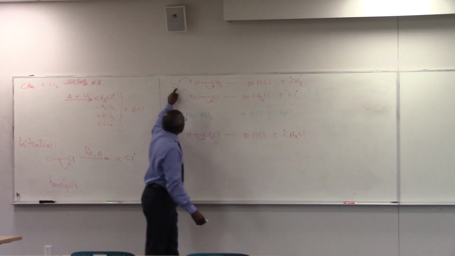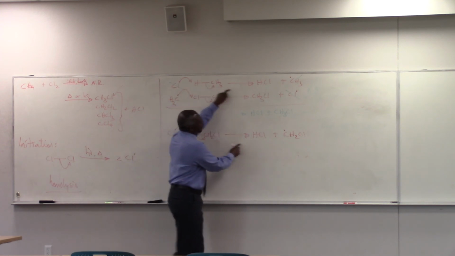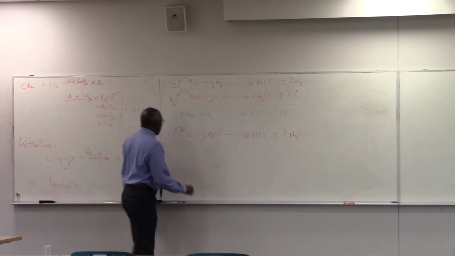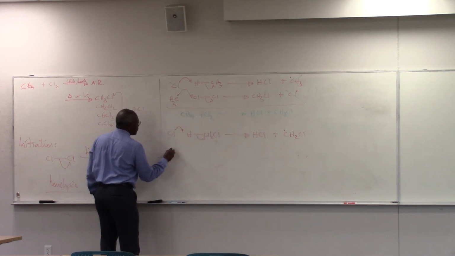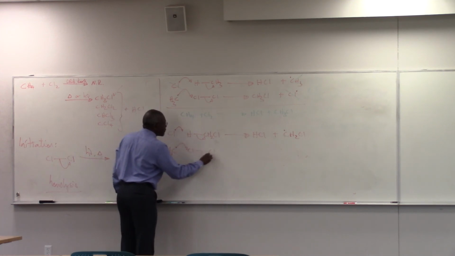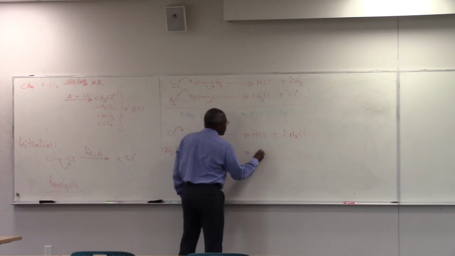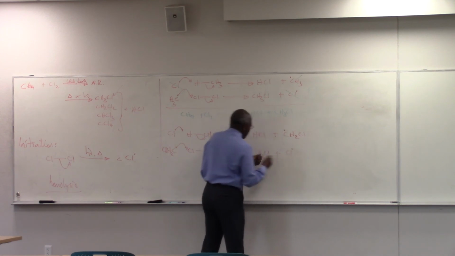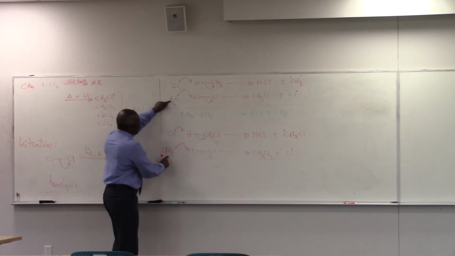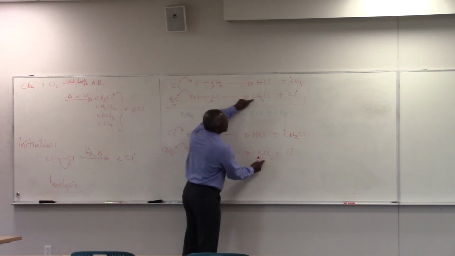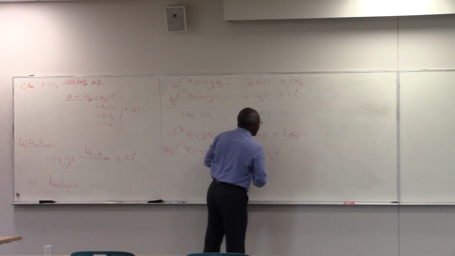Right? Chlorine attacks the organic to give rise to HCl and the organic radical. The organic radical now attacks chlorine to give rise to the substituted organic and Cl dot. Does that sound familiar?